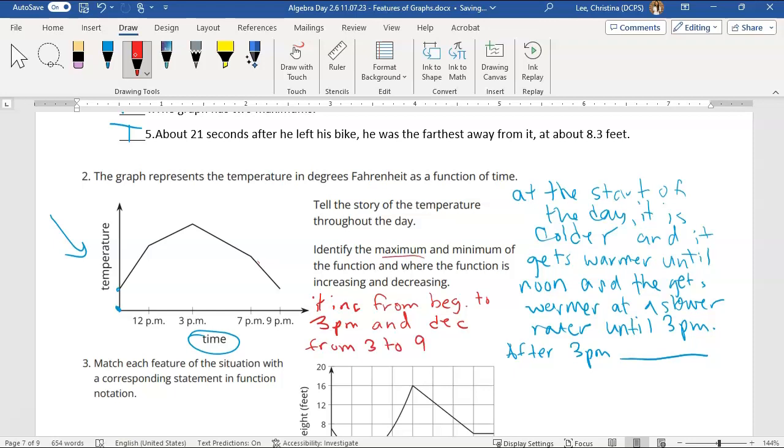The maximum happens at 3 p.m. We don't know what the temperature is, but we know that's the highest. And then the minimum is at the start, and it looks like these are about the same here. So at the start and 9 p.m., yeah, it looks like they're about the same there. So these points here would be our minimums.